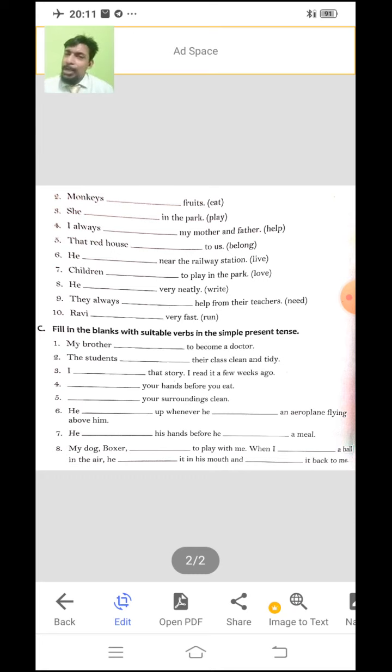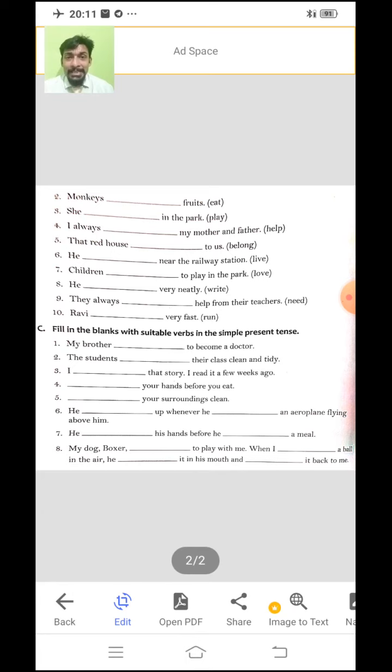In number 4, I always help my mother and father. That red house belongs to us. In number 6, he lives near the railway station. In number 7, children love to play in the park. In number 8, he writes very neatly.